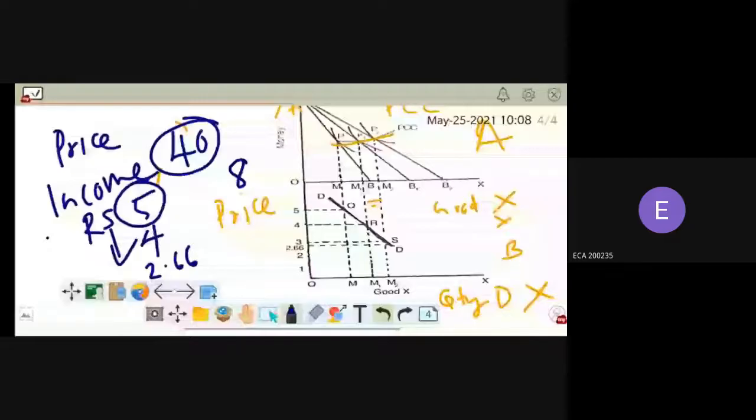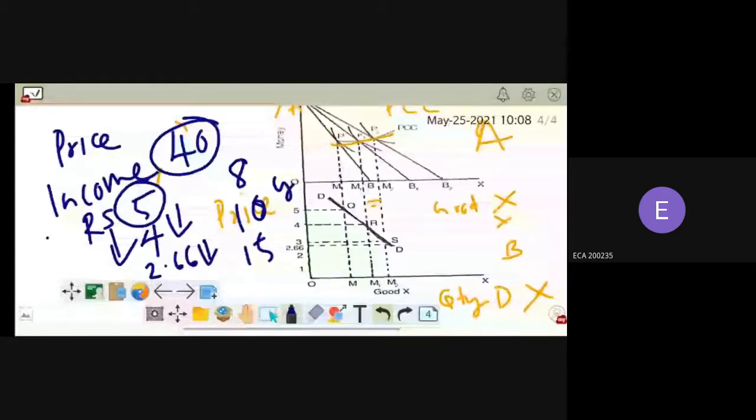When the price is rupees 5, then he will buy 8 units of commodity X. And when the price falls to 4, he will be able to buy 10 units of commodity X. And when again the price of X falls to 2.6, he will be able to buy 15 units of good X.